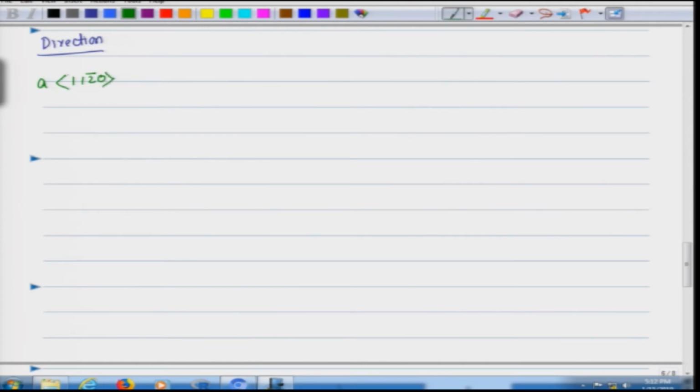Actually there would be 1 by 3, but we are right now concerned only with the direction. Now, planes. What are the possible planes? The planes that are possible are basal and prismatic, all of these can contain the A type of vector and therefore, they are listed here.